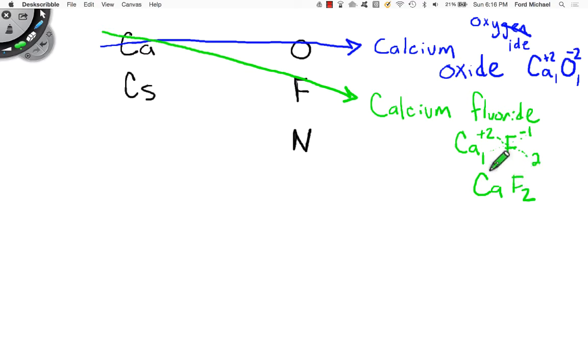All right, and let's do another one. Let's do this one. Okay, take a minute, pause, make sure you go to your periodic table, and make sure you can tell me what the charge for the nitrogen atom is and the name. Okay, so we're going to write the name of the metal, calcium.